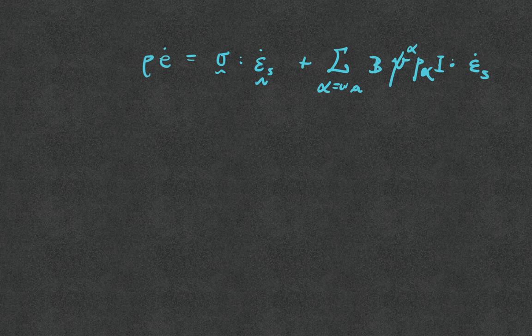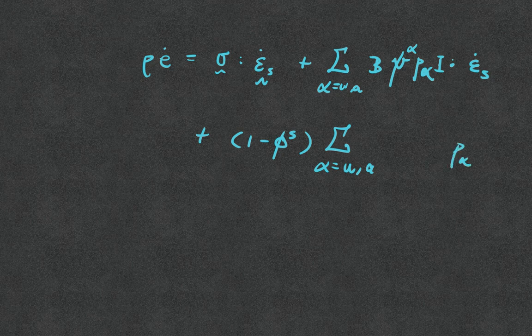Okay, now there's also a new term that comes up, which is related to the work done in the porosity in the void space, where the pressures that are present in the void space are changing the degree of saturation. Okay, this is a new type of work done in the void space.